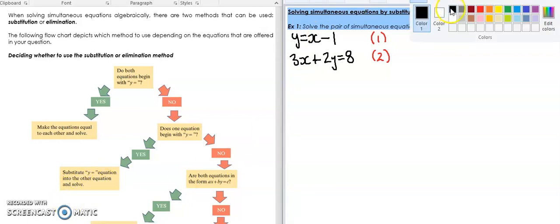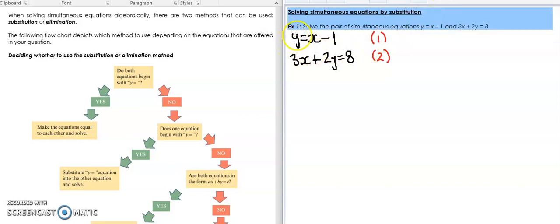What does this mean? In other words, see this y is equal to x minus 1. Do we see anywhere where there's a y in the second equation? Yeah, right here. I'm going to circle this in yellow to show you that it's there. And what this fact is saying is anywhere I see a y within the second equation, I'm going to replace it with x minus 1 because y is equal to that based on this equation here.